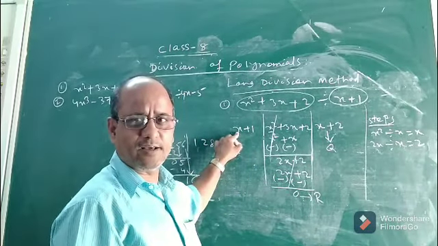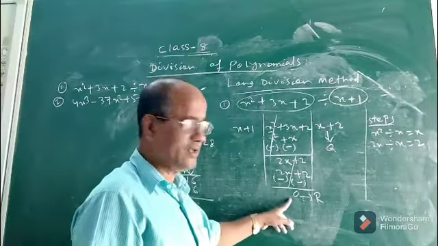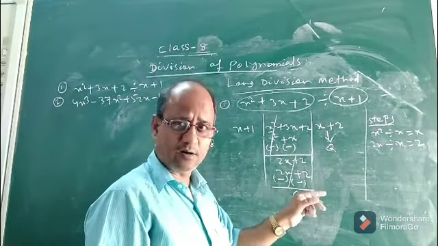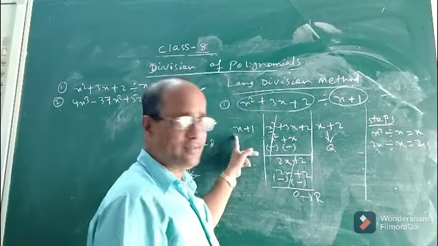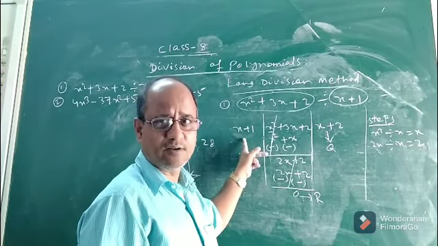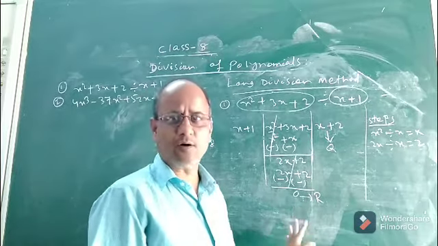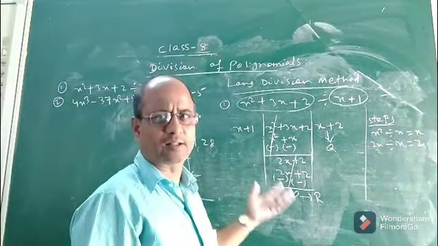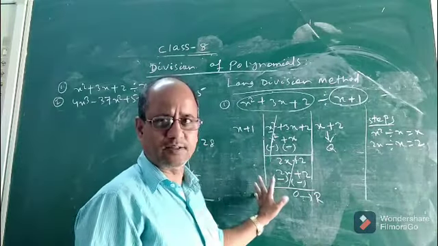What is the degree of the divisor here? It is 1. And the remainder is 0. So the remainder should be either 0 or its degree should be less than the degree of the divisor. Up to that you have to continue the division process. Okay, we will discuss it in other problems where you will understand this better.